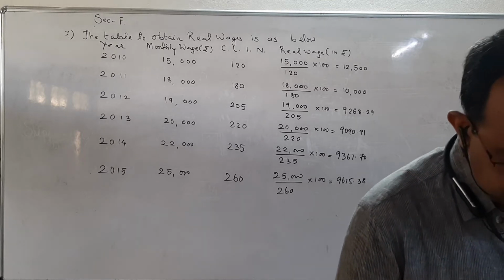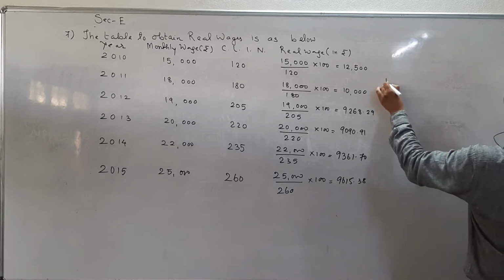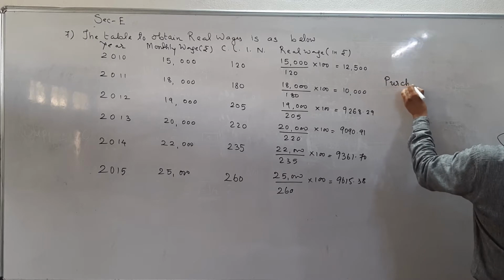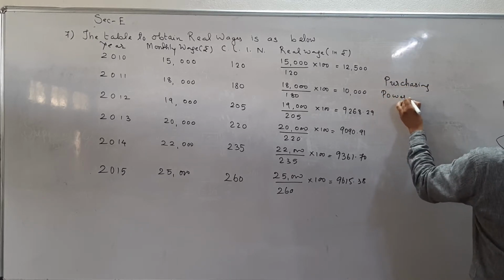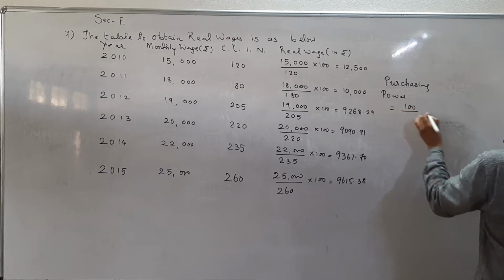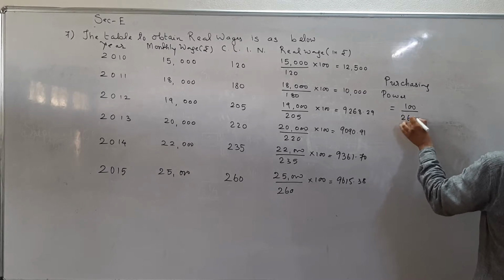So purchasing power is equal to 100 upon the cost of living index number in 2015, which is 260.